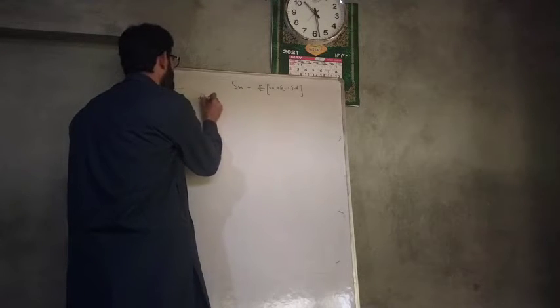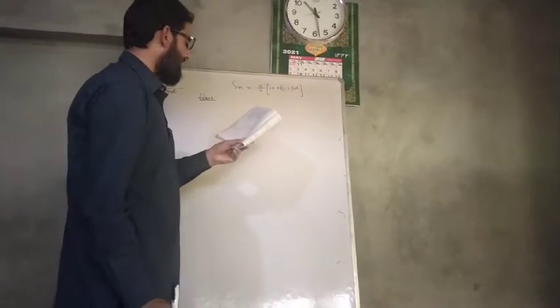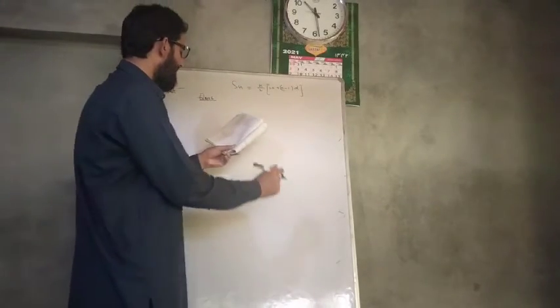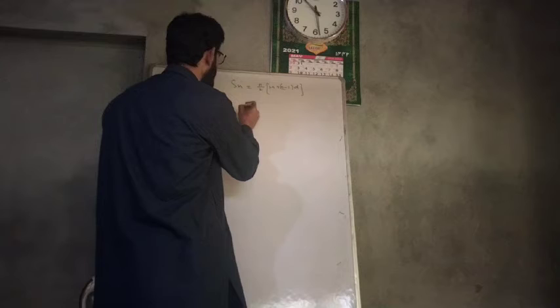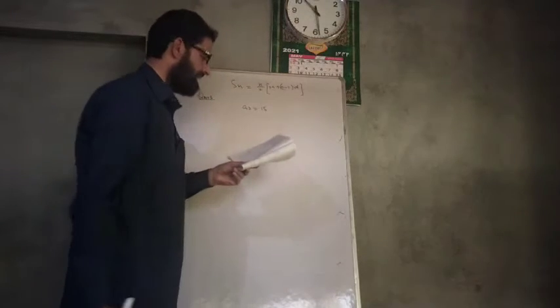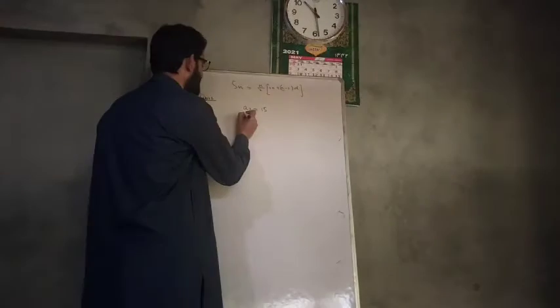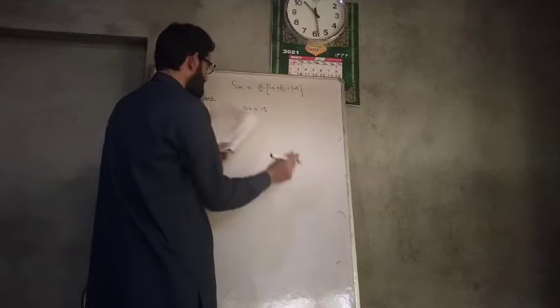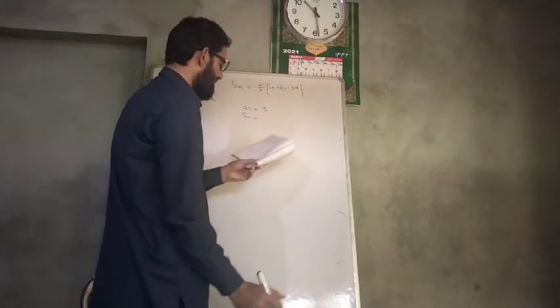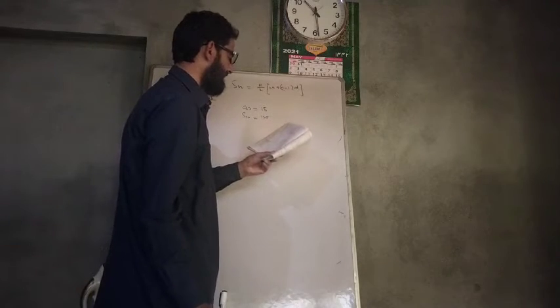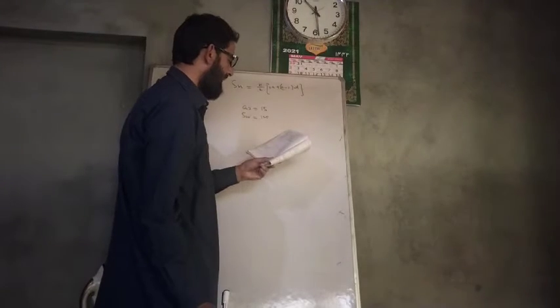Question number 3 has 10 parts, and the fourth part is: A3, that is the third term, is equal to 15, and S10, the sum of the first 10 terms, is equal to 125. We have to find n and A10.